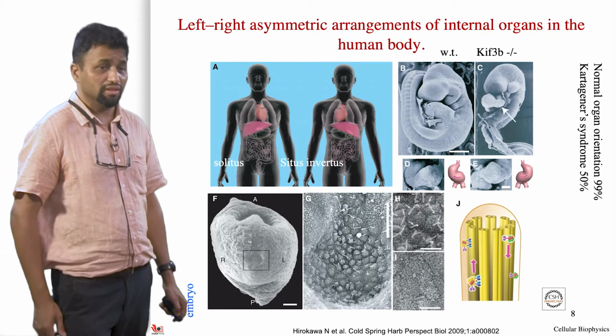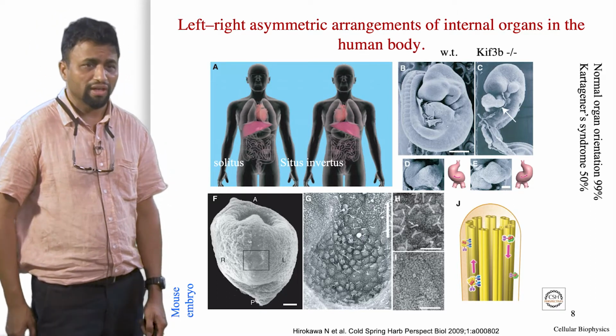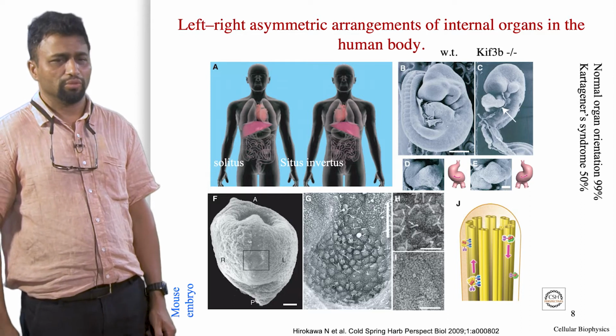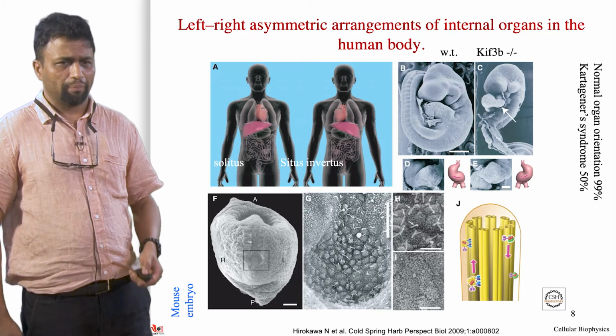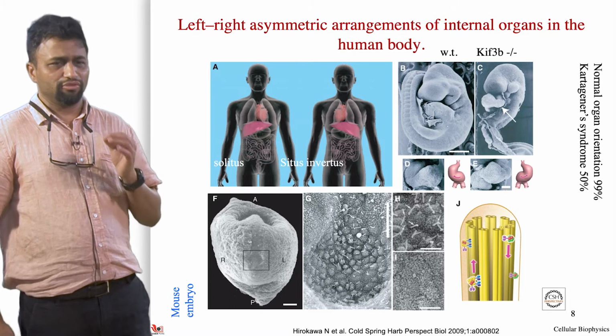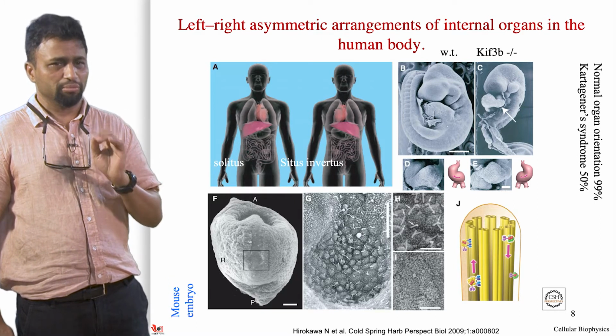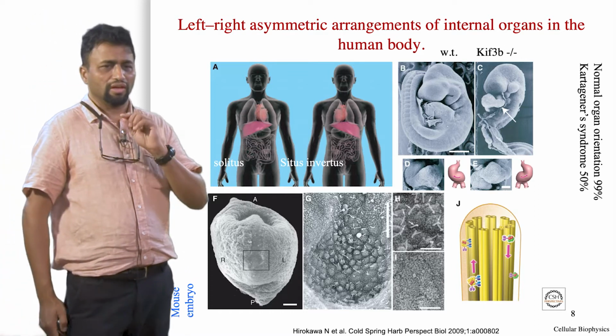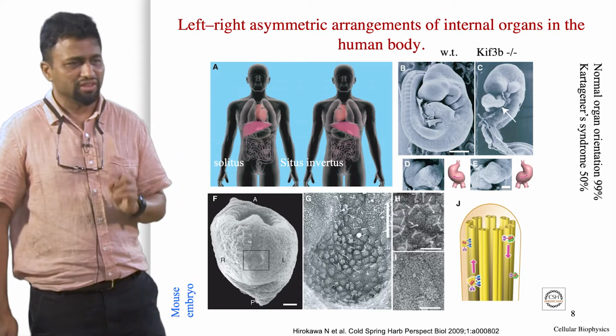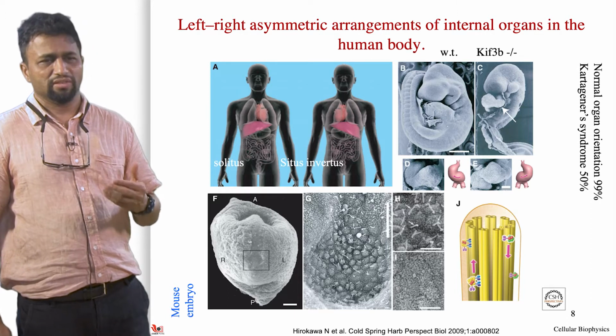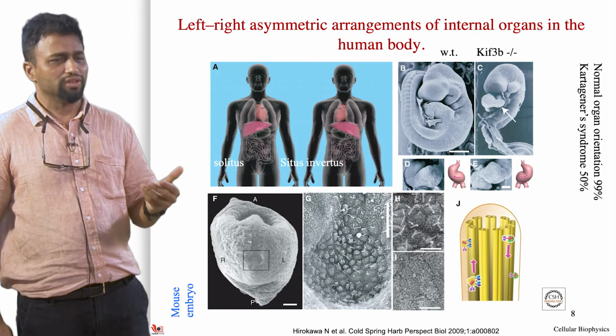In this work by Hirokawa and company along with Nonaka-san, they showed that if the animal is mutated for KIF3B, then the synchrony of these ciliary beatings is destroyed, which means that there is no coherent flow generated.